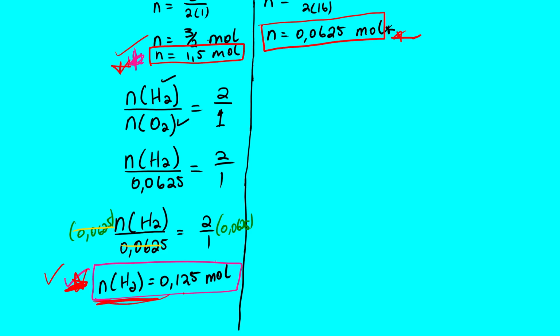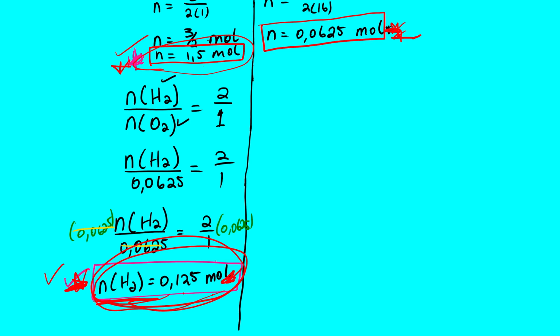So it means we need this number of moles to consume this reactant completely. And do we have this number of moles? We have more than that. We have 1.5, and 1.5 is greater than 0.125. So we only need 0.125 for this reaction to stop, of which we have more than that, which is 1.5.